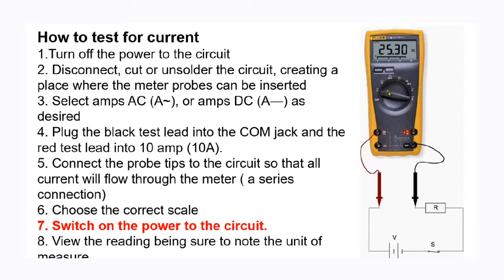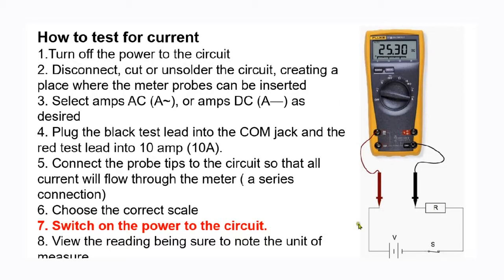Then we need to go to our selector switch and select current or amps, AC or DC as desired. Plug the black test lead, or the black probe, into the common terminal, and the red test lead into the 10 amp terminal. Connect the probe tips into your circuit in series.